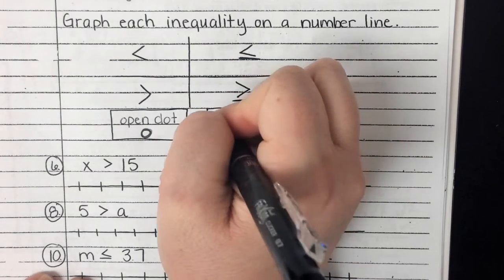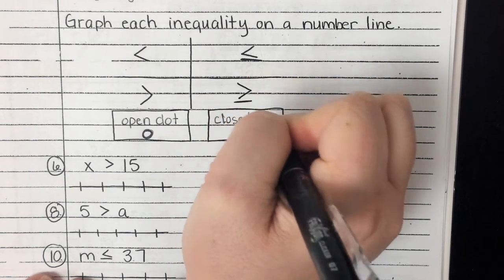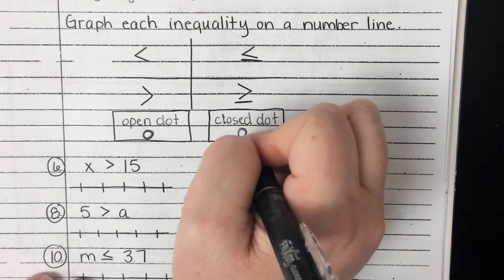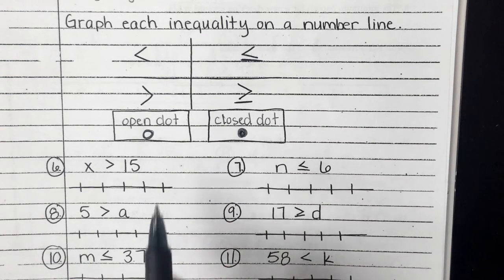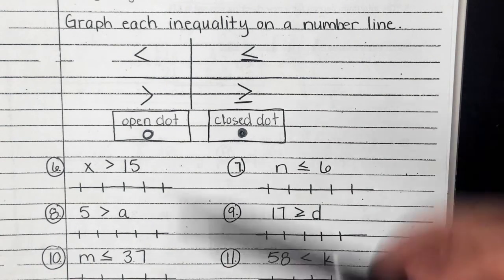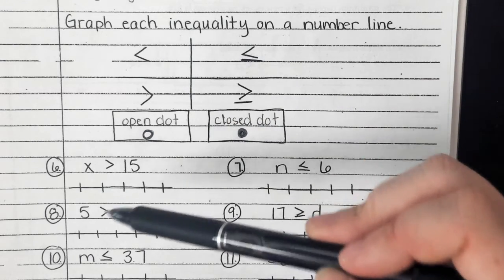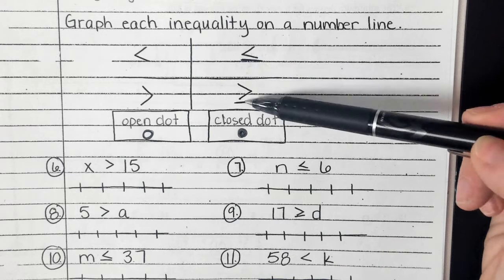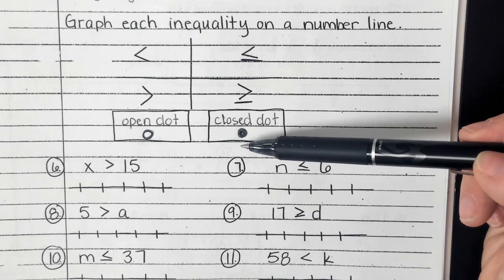So on these, we're going to use a closed dot, which I'm writing like it's special, but really that just means you're going to do a regular looking dot, okay? The way that I remember it, guys, these are missing the line underneath, so they're going to be missing the middle. These have the line underneath, so you need to fill in the middle.